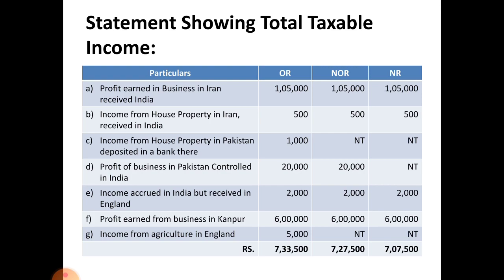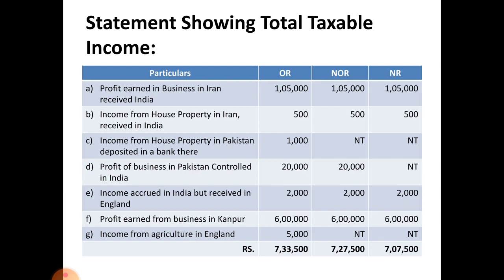Next one, profit of business in Pakistan controlled in India, ordinary resident and not ordinary resident must pay tax, and non-resident not taxable. And income accrued in India but received in England, all three categories must pay tax, because income accrued in India.